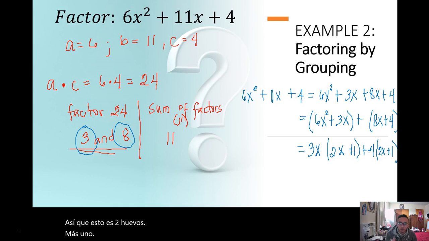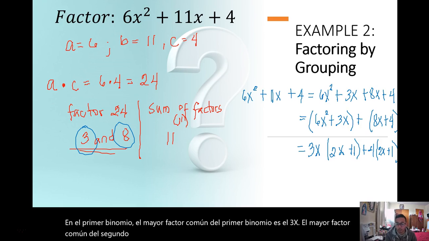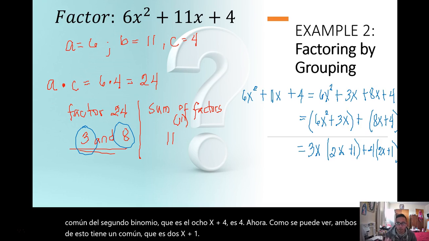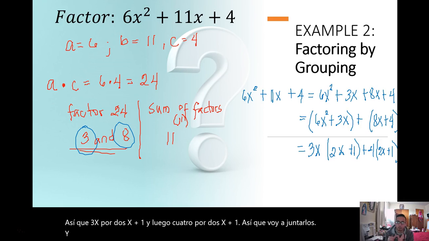Now, as you can see, both of these have a common factor, which is 2x plus 1. So 3x times 2x plus 1, and then 4 times 2x plus 1. So I'm going to put them together, and then I'll add 3x plus 4.